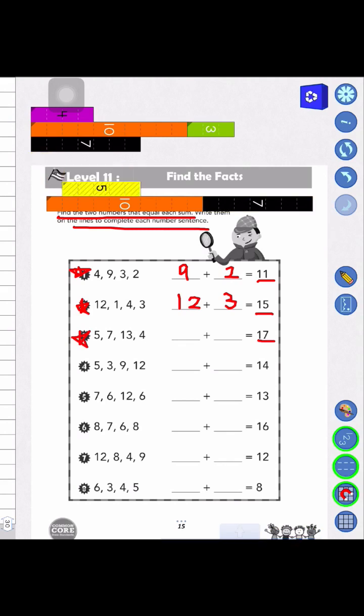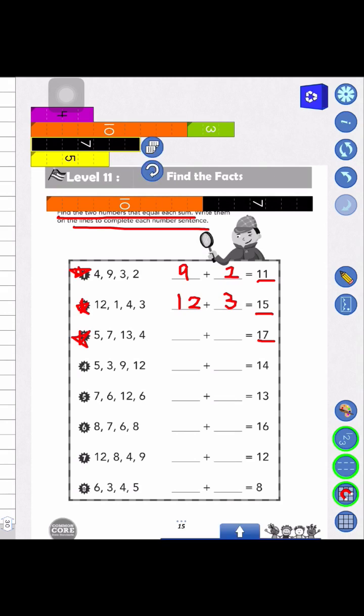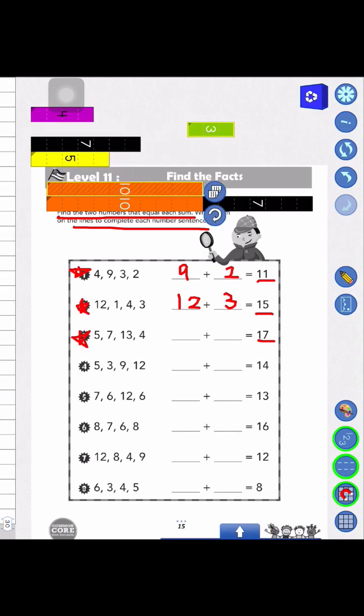Okay, so which 2 numbers should we choose? Should we choose number 5? So if we put 5 here, that means we need 12 more. Is there any 12? No. Okay, so if we put number 7, we need 10 more, and there's no number 10. So how about 13?